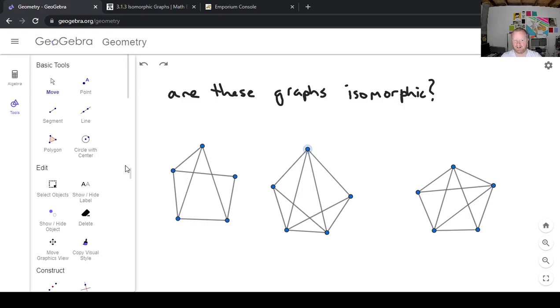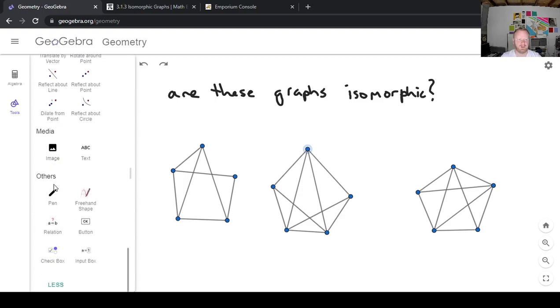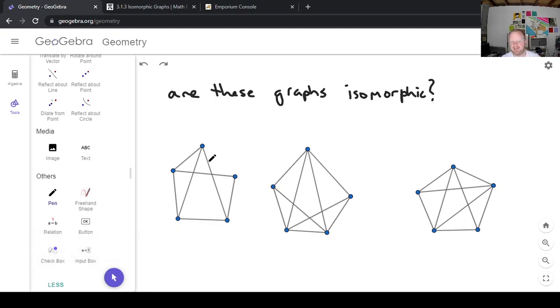But something that we can do to help educate our guesses is to talk about the valence and make a list of valences for each vertex in this graph. So I'm just going to use this convention for labeling 1, 2, 3, 4, 5, just for now.